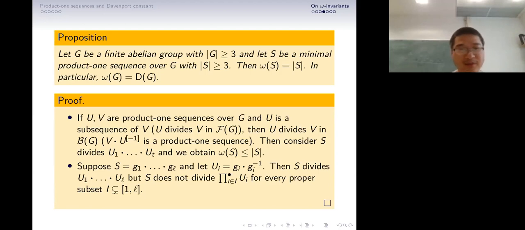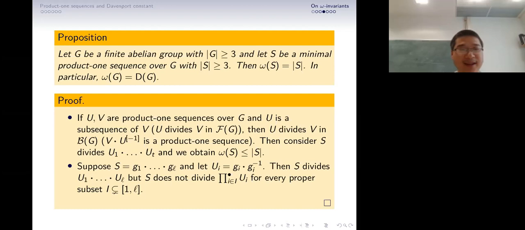We can see this since the set of products of U times the set of products of the remaining sequence is contained in the set of products of V, and the set of products of V has only one element, the identity element, so this remaining sequence is a product one sequence.